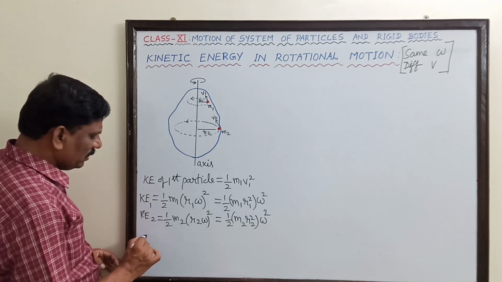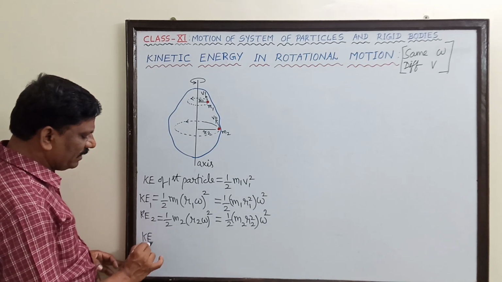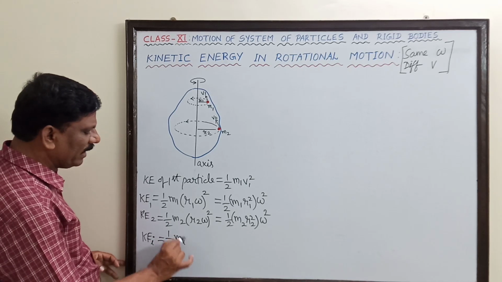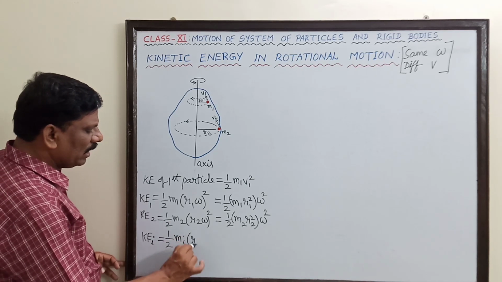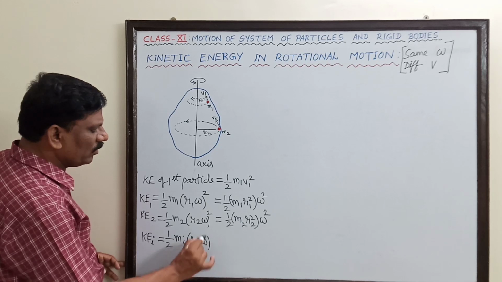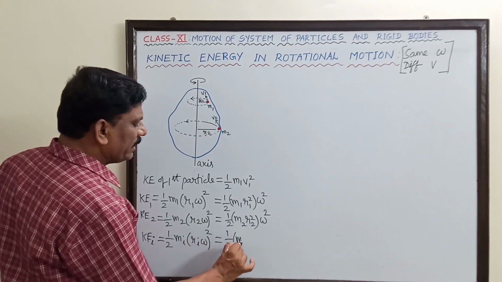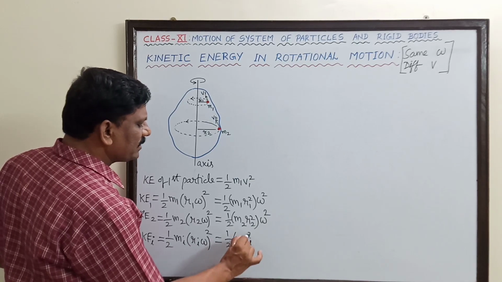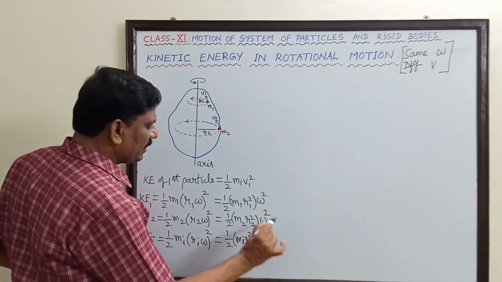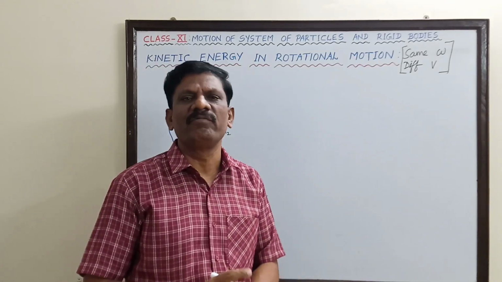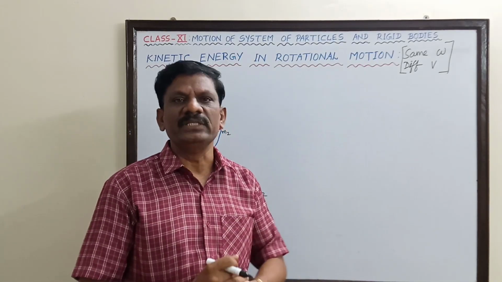The kinetic energy of the ith particle is equal to half into mi into ri omega the whole square, which is half into mi ri square into omega square. So for every individual particle, I have found the kinetic energy.